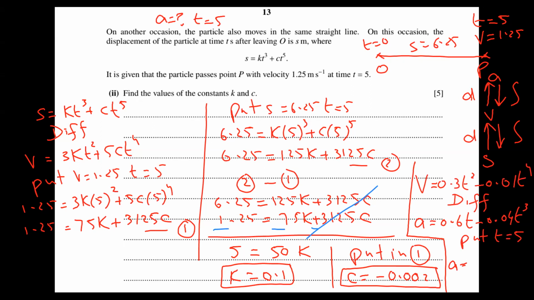So this is 0.6 into 5, and minus 0.04 times 125, because when 5 goes there, it is 125. Okay? And the answer is coming negative 2 meter per second square. It means it is decelerating, very clear, and the question is completely finished.